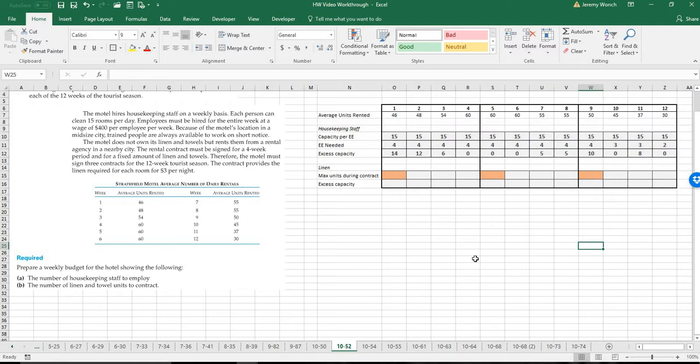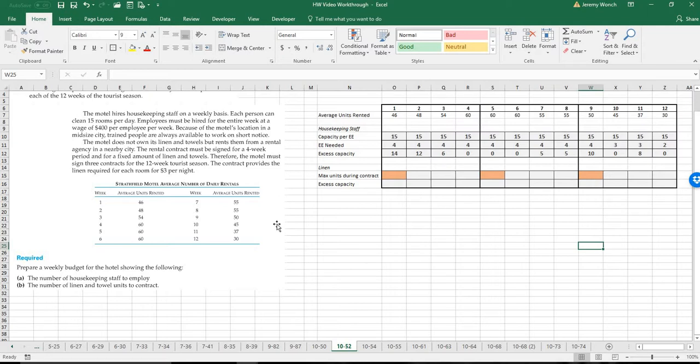So, okay, the next is for the linens and towels. We need to figure out how many rooms we need to order for.